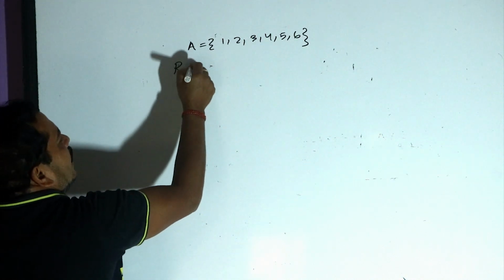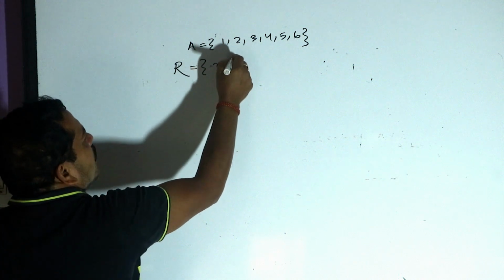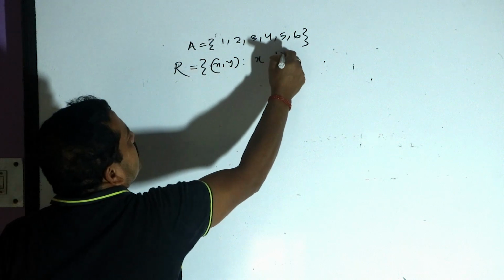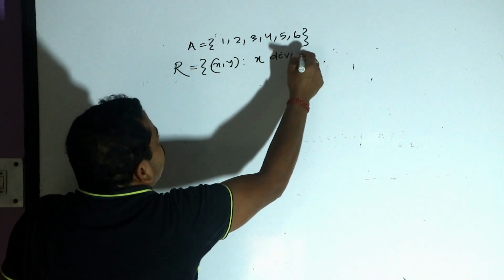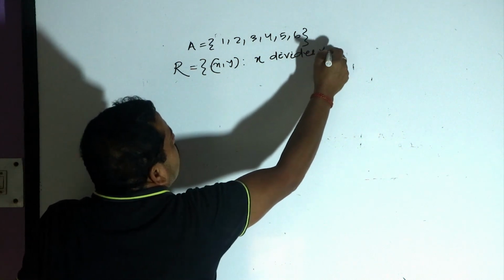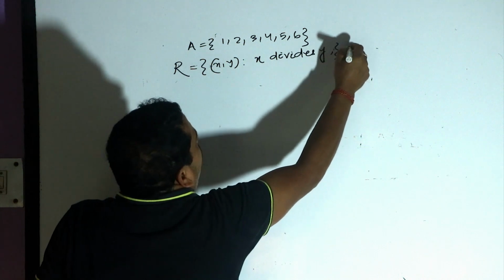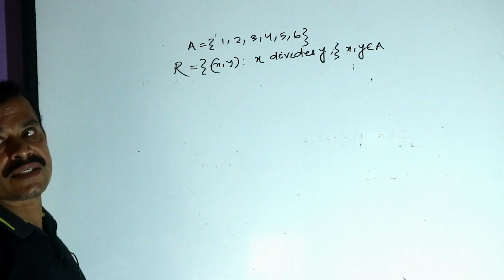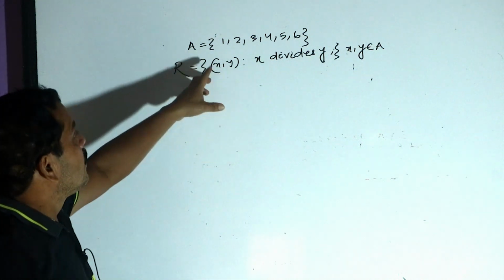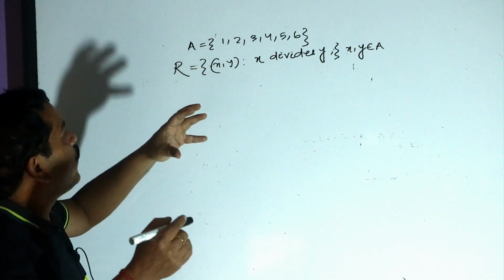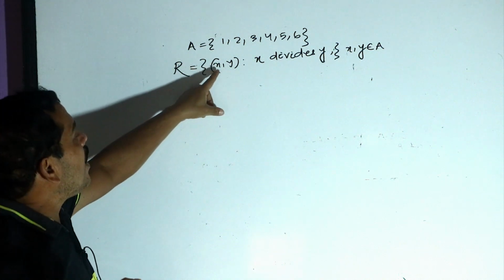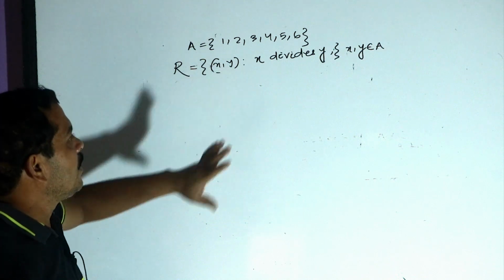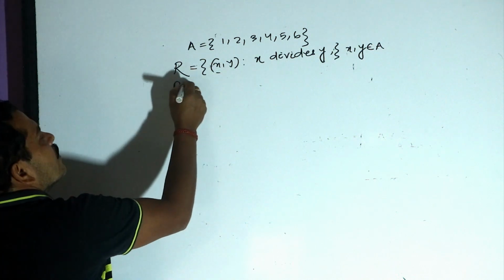We have to find the relation R of XY pairs such that X divides Y, where X and Y belong to set A. X divides Y. Then we have to form pairs in such a way that the first element will divide the second element of this ordered pair. We have to find R.